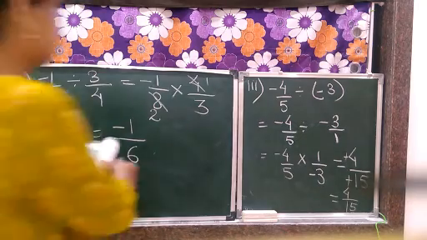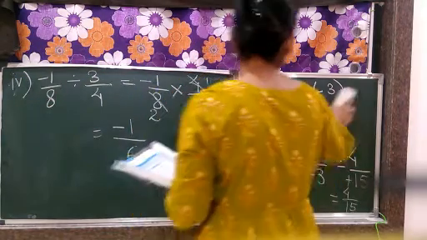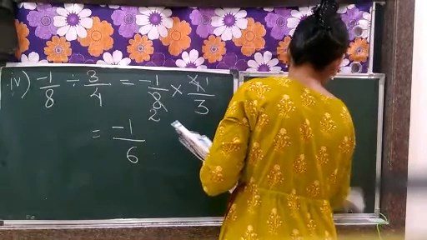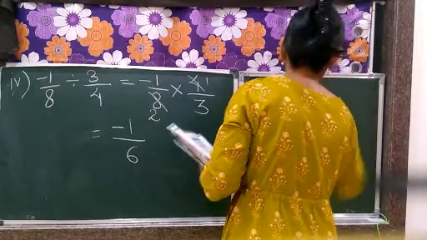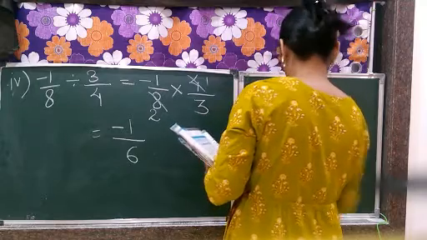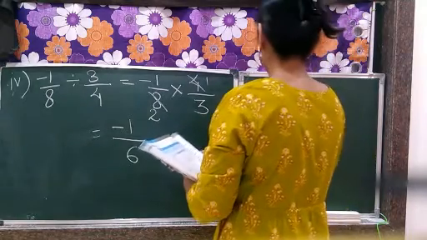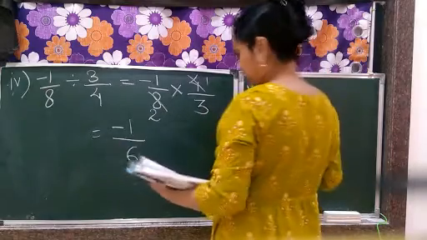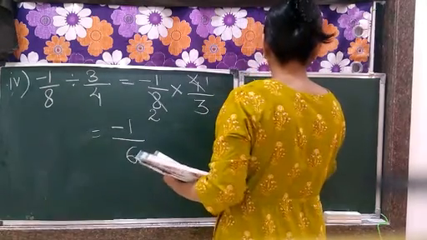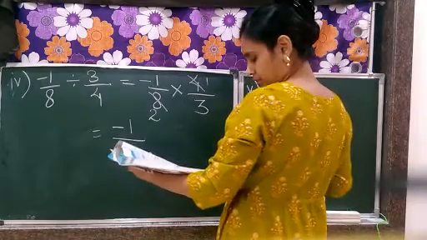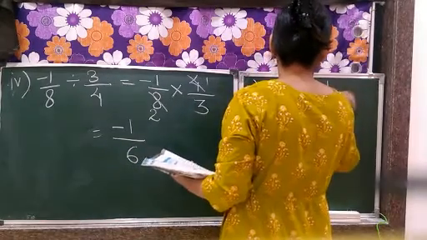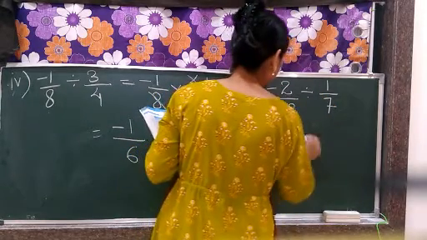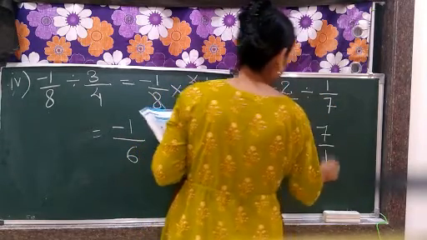Now we are going to start the fifth one. Minus 2 by 13 divided by 1 by 7. So minus 2 by 13 into 7 by 1.